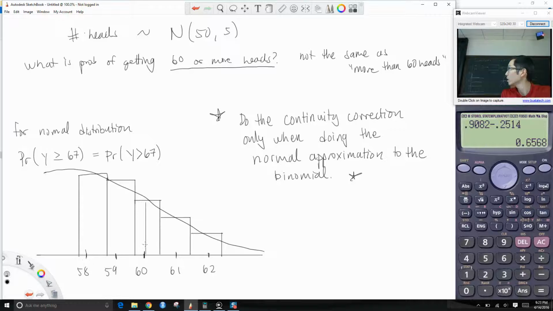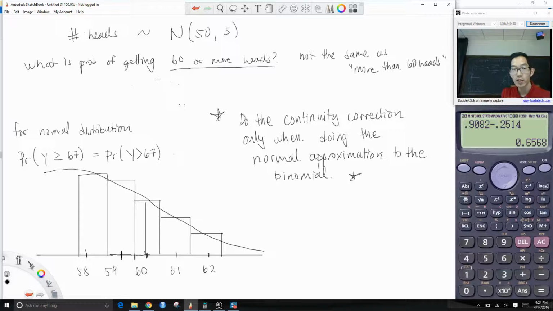So if I want 60 or more heads, where should I actually draw my cutoff line, if I want to include the entire bar for 60? I don't want the bar for 59, and these bars are supposed to be centered at their values. Yeah, at 59 and a half, between 59 and 60, okay?